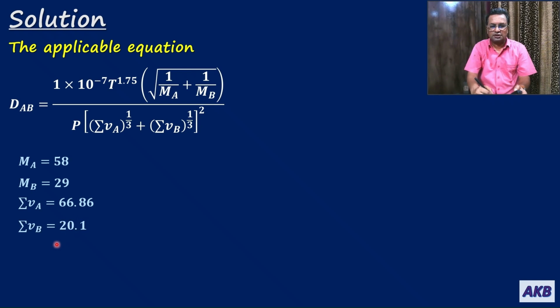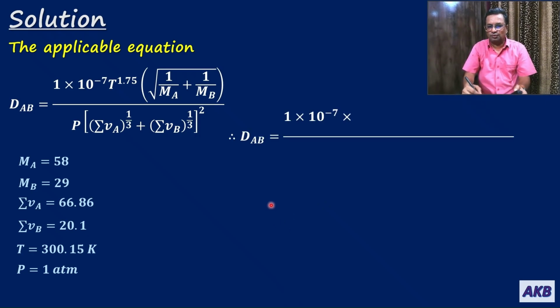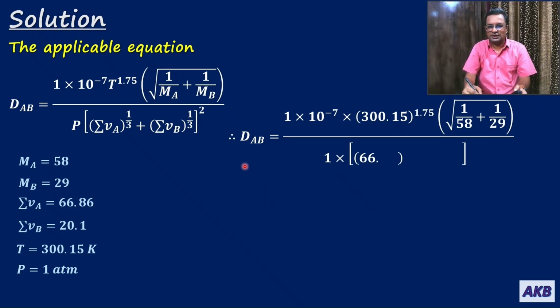We found out summation of Vb is 20.1, temperature is 300.15 Kelvin, pressure is 1 atmosphere. We have to use it in atmosphere. So if you use all these values, what do you get? DAB is equal to 1 into 10 to the power minus 7 into 300.15 raised to 1.75 into under root of 1 by 58 plus 1 by 29.